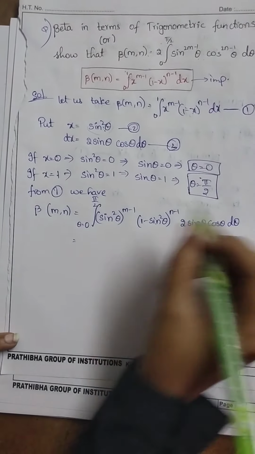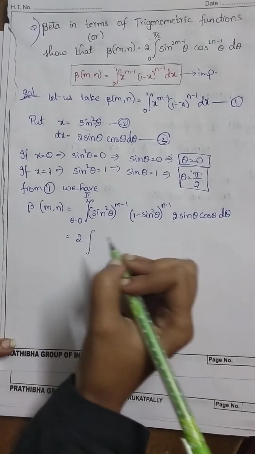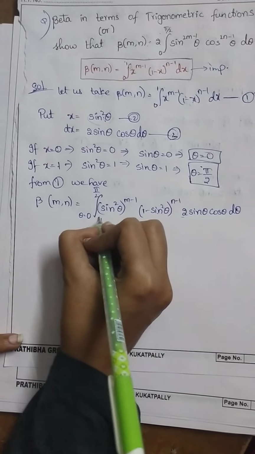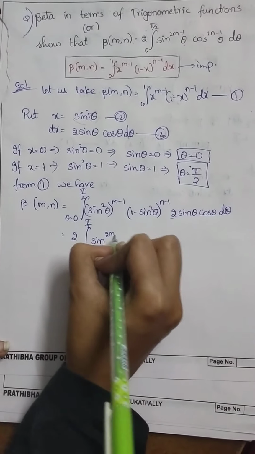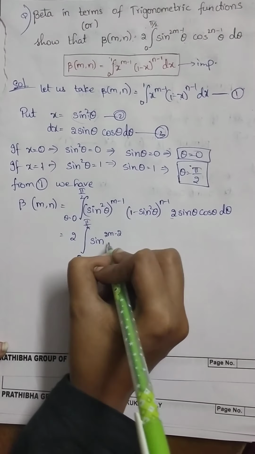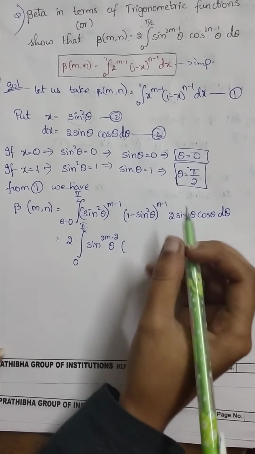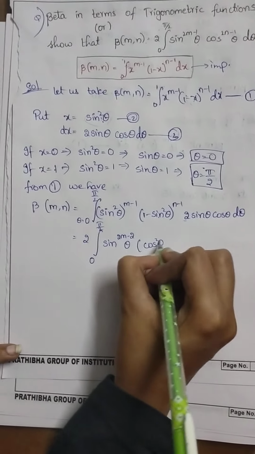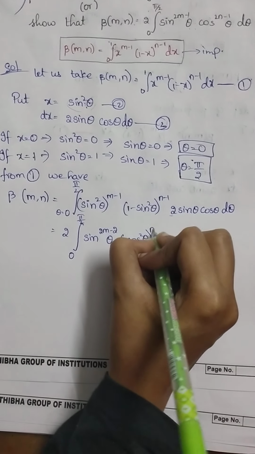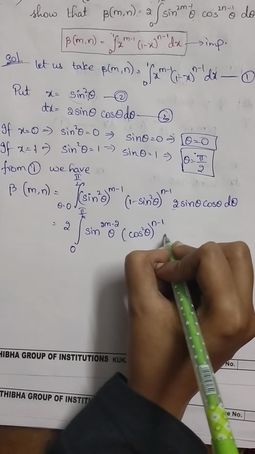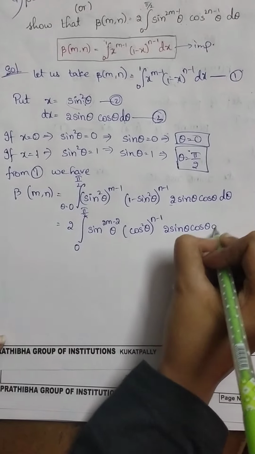Now take 2 as common: 2 into integral 0 to pi by 2 sin power 2m minus 2. Here 1 minus sin square theta is cos square theta, from trigonometric identities we know. And now cos power 2n minus 2 into 2 sin theta cos theta d theta.